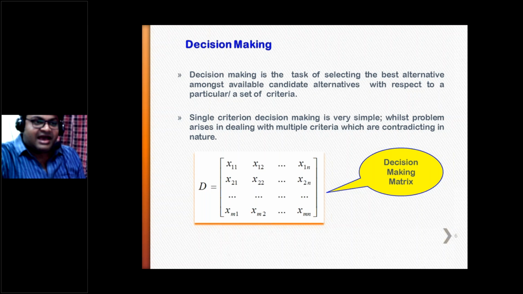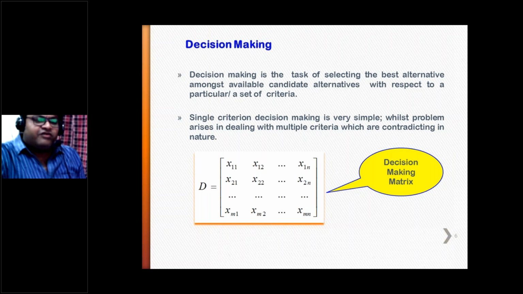If it is a single criterion or attribute, it is called single criterion or single attribute decision making. If the scenario is to decide based on multiple attributes or multiple criteria, it will be called multi criteria decision making.